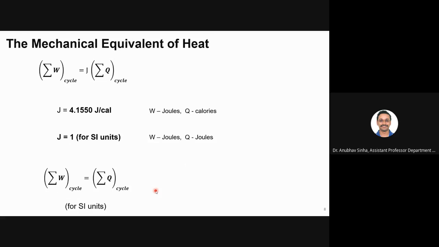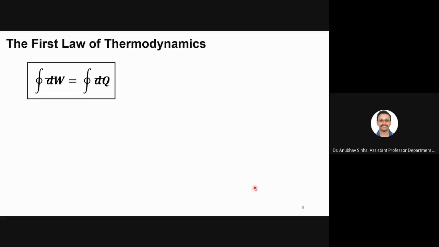Now I can also write this as a cyclic integral. I can write it in summation form, or I can write it as a cyclic integral. For a cycle, dW is equal to dQ, and both are inexact differentials. These are path functions, so that's why I've written d-slash Q. Now this is what we call the first law of thermodynamics.